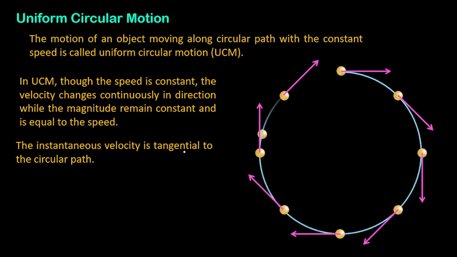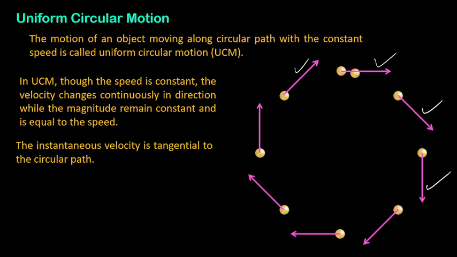The instantaneous velocity is tangential to the circular path. These arrows represent the direction of instantaneous velocity and also its magnitude. Instantaneous velocity direction is always tangential to the circular path because velocity is always in the direction of displacement.